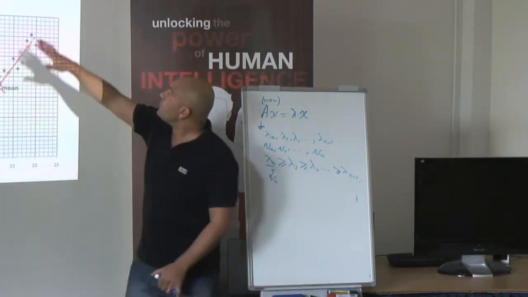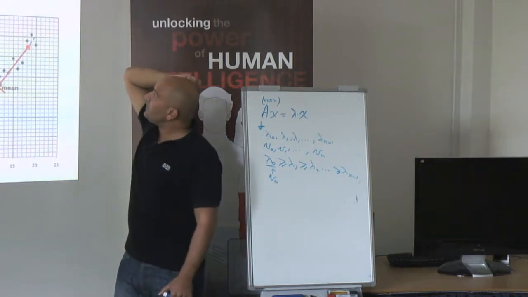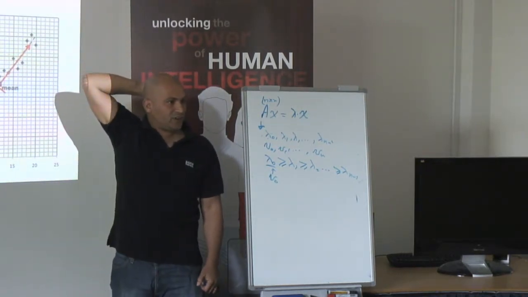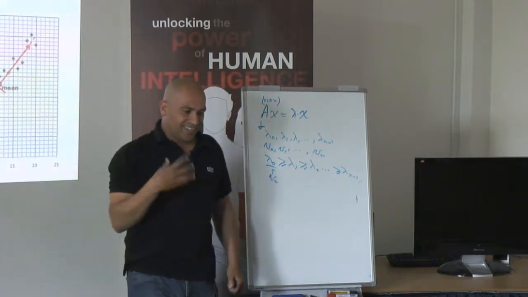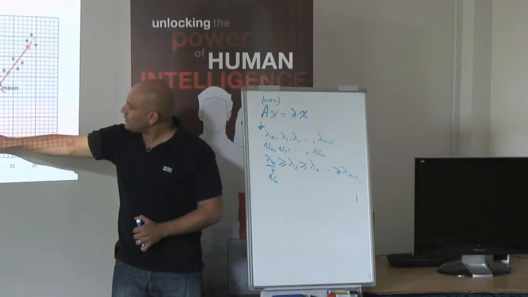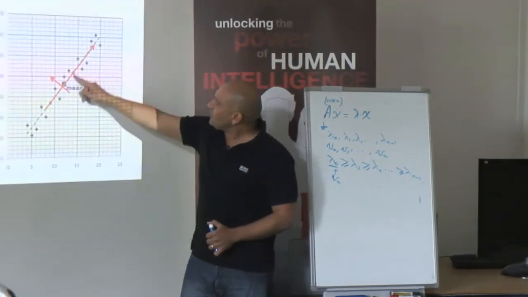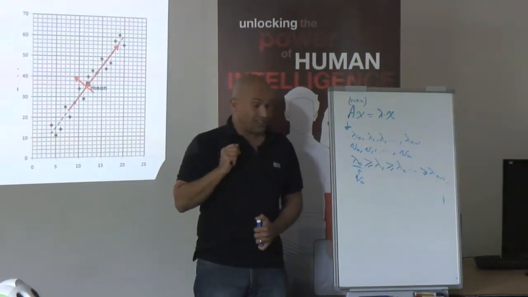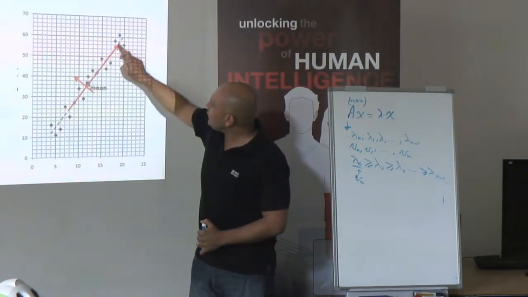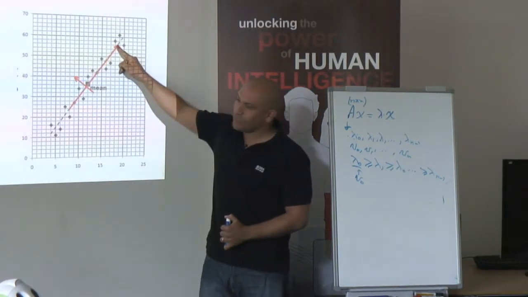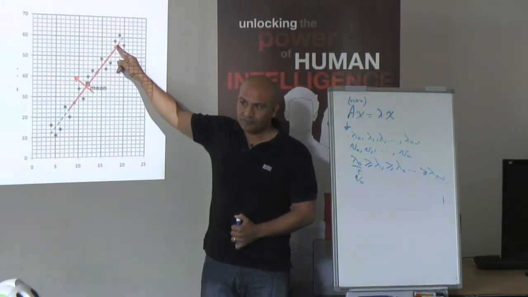Now, this is in 2D, and it's very simple to compute this from a set of points. If these are the points in the 2D plane, and I want the best fitting line here, my line will be parallel to this vector. Yes?